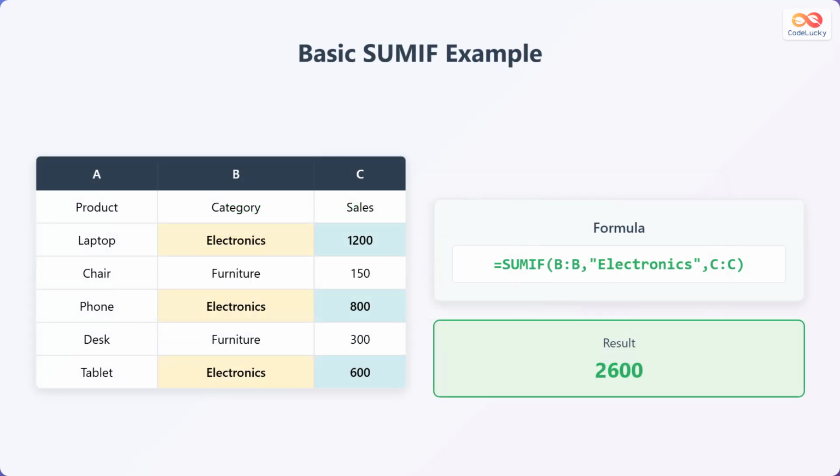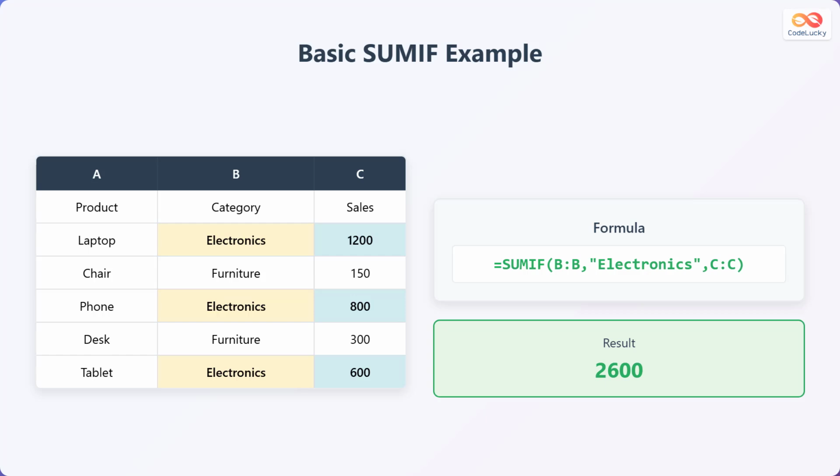Now let's walk through a basic example of how to use the SUMIF function. Consider an Excel table with columns A, B, and C representing product, category, and sales respectively. To calculate the total sales for the electronics category, the formula would be =SUMIF(B:B,"electronics",C:C).